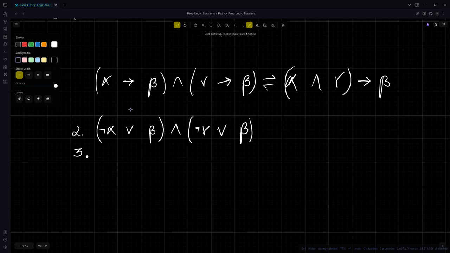If you rewrite it in the form so it's easier to see, I can do commutativity. So it's like beta or not alpha, and beta or not gamma.